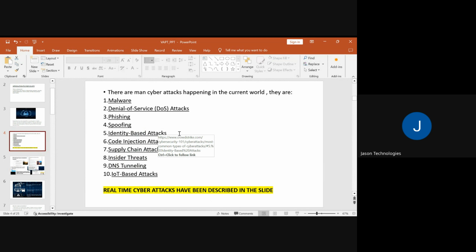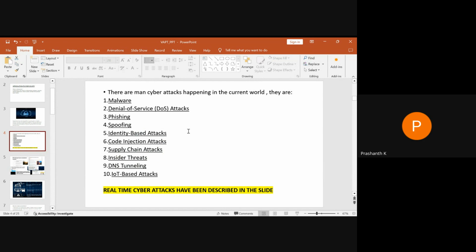This is called brute forcing. Like that, he can check hundreds of probabilities, like for one username 10 passwords and another username 10 passwords. If he luckily gains access to the administrator, he can even disclose some critical data from the database itself. That's called identity-based attacks.